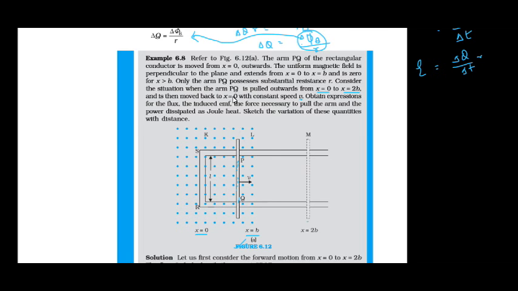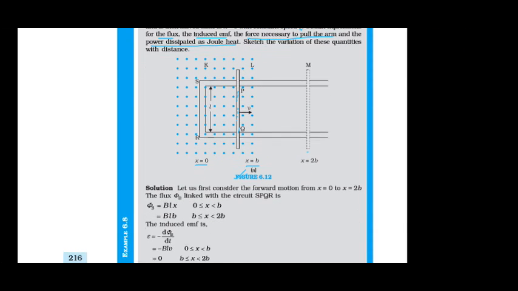Obtain expressions for the flux and the induced EMF. So we have to find the expression for flux, the expression for induced EMF, and the force necessary to pull the arm and the power dissipated as Joule heat. Sketch the variation of these quantities with distance. So how will these quantities vary with the distance?